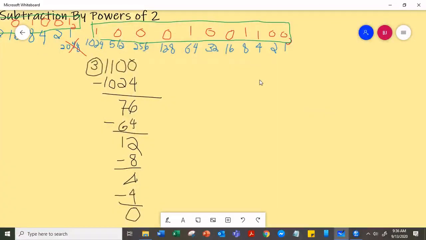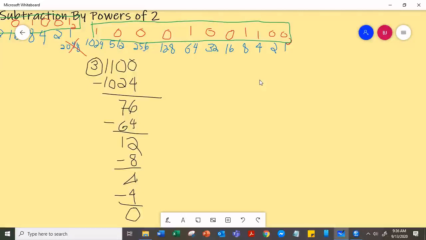So, again, whatever method you may choose really depends on your preference, unless they have specifically mentioned what method you should use. At least you already know how to do it with subtraction by powers of 2 and division by base 2. So let's look at the third method. The third method is not really in our lecture.